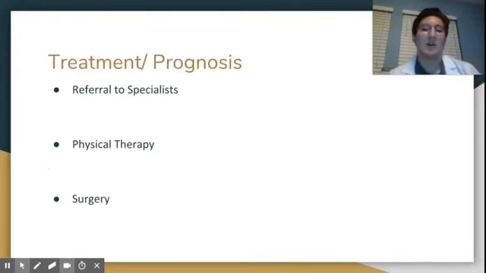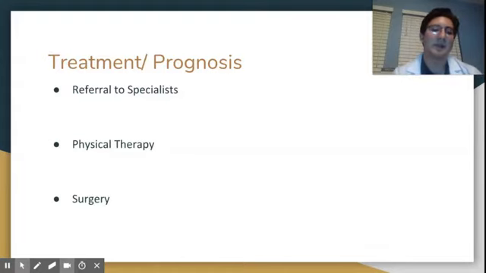And so lastly, I'm just coming back to treatment and prognosis. Again, that referral to specialists. We're going to want to get you with people who are going to take care of you to the highest detail: heart health, dental health, eyeglasses, contacts, anything that we need to make sure that we're keeping your quality of life at its best.